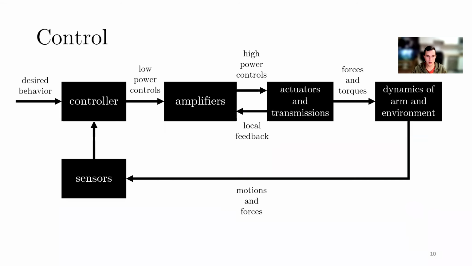All right, so basically when we talk about control, there's a lot of stuff going on. There is a desired behavior that we send to the controller. The controller takes into account the data from the sensors. Then the controller computes the low power controls. Then we have amplifiers that increase the power of the control and send it to the actuators.